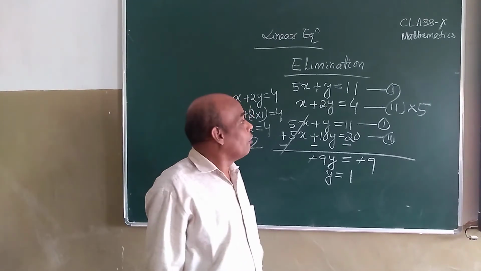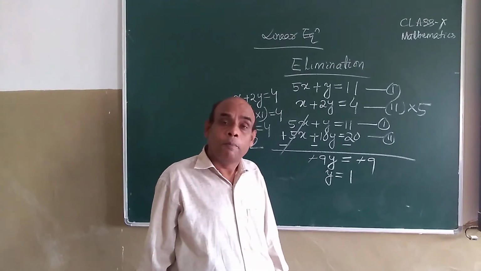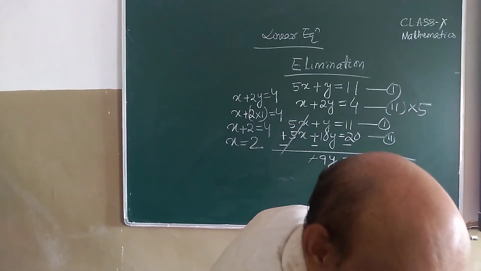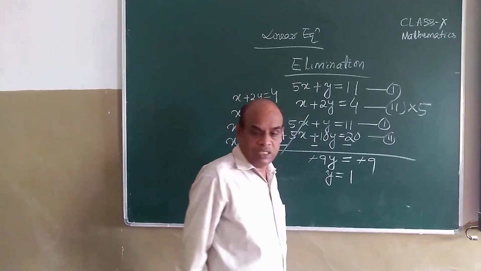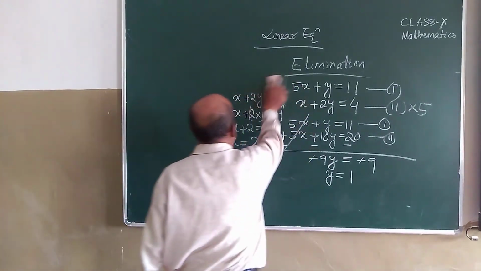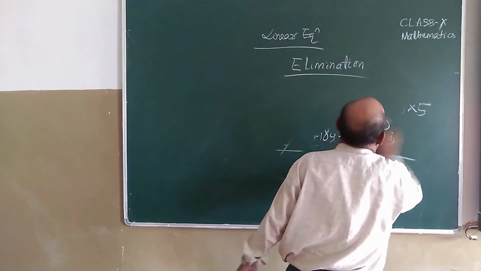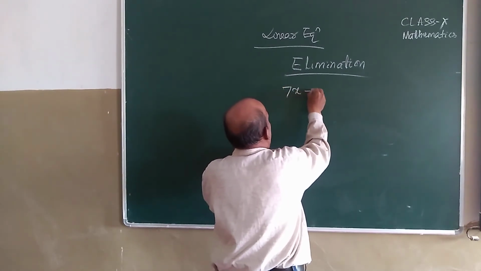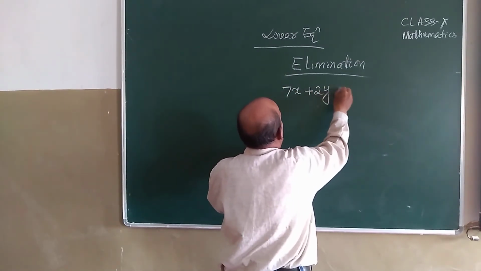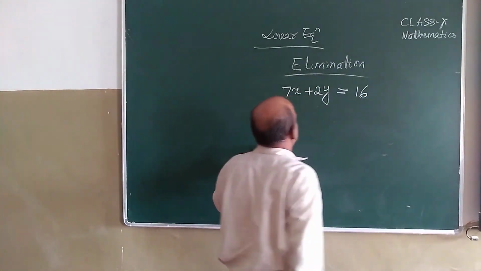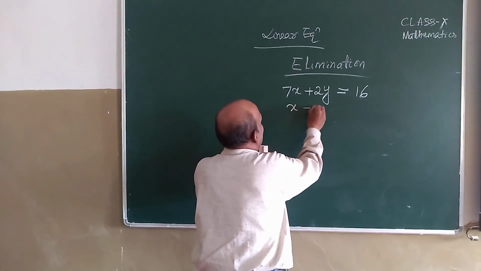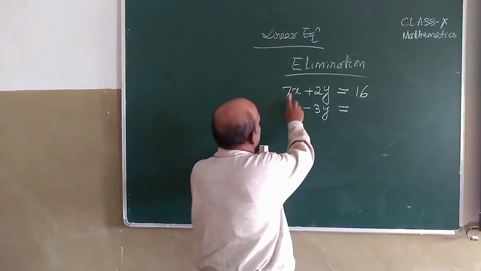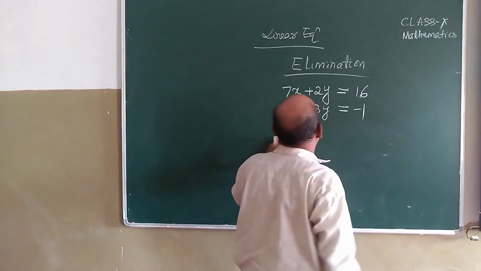Now dear children, I will give you two problems to solve as your home task. See, I will write the questions now. Question number 1: 7x plus 2y is equal to 16 and x minus 3y is equal to, remember, minus 1.